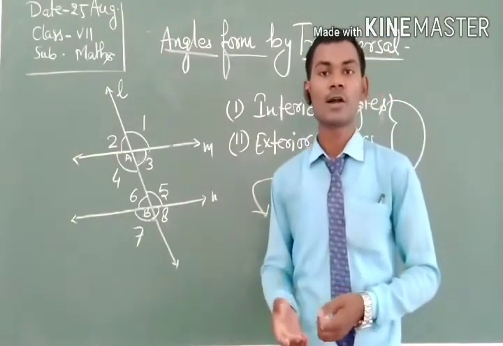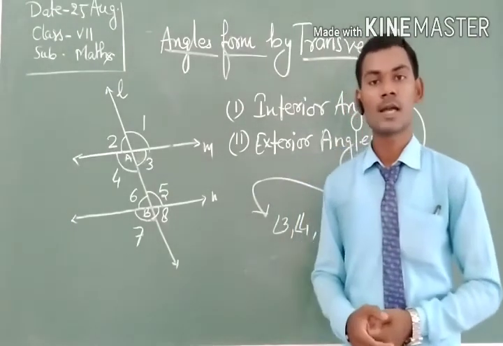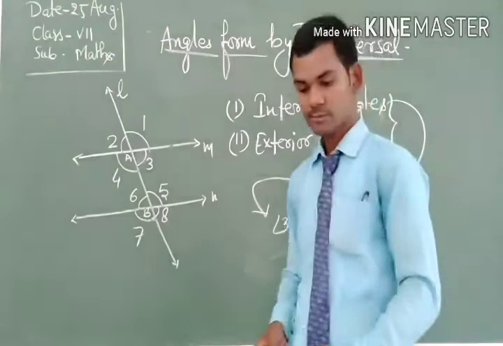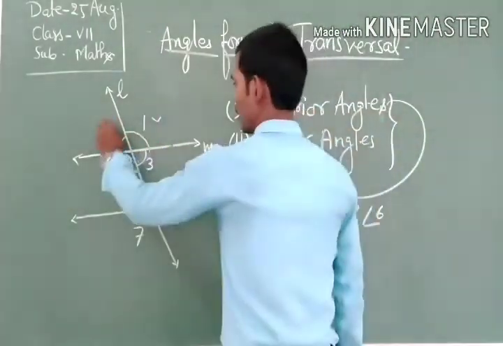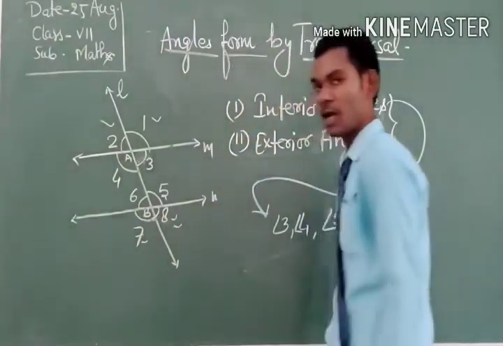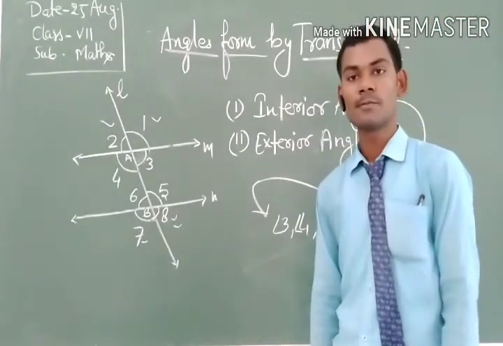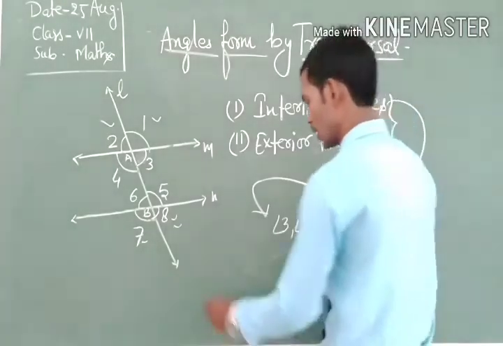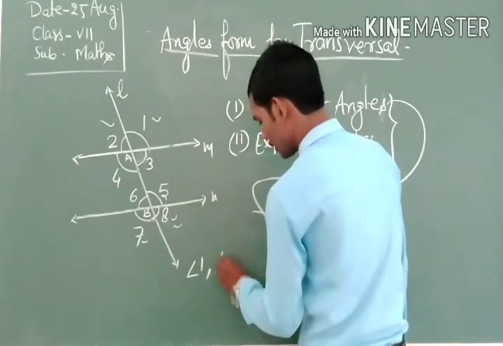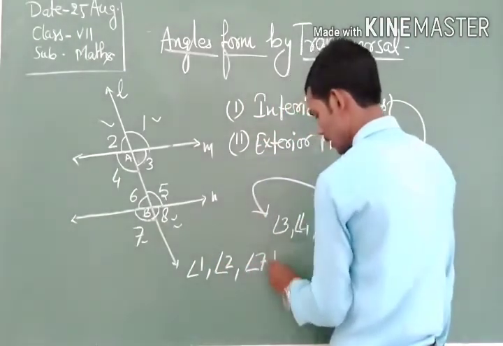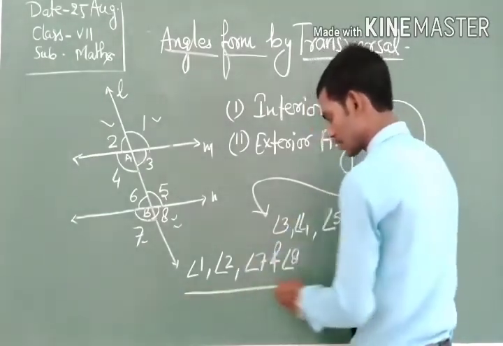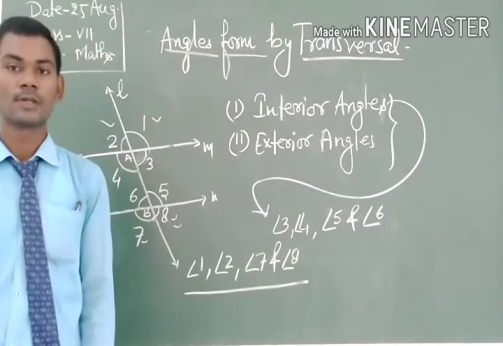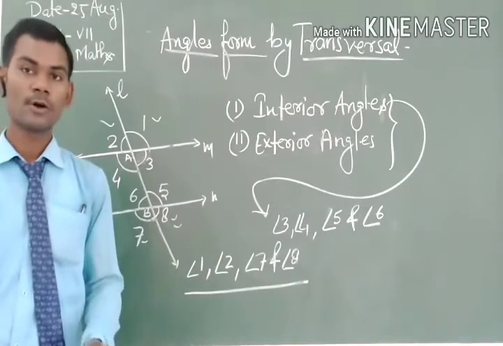The angles that do not have a common line segment and also don't lie between the given lines are known as exterior angles. Here angle 1, angle 2, angle 7 and angle 8 are the exterior angles, because they do not have the common line segment and also don't lie between the given lines M and N. These are the angles which do not have a common line segment and also don't lie between the given lines. They are therefore called exterior angles.